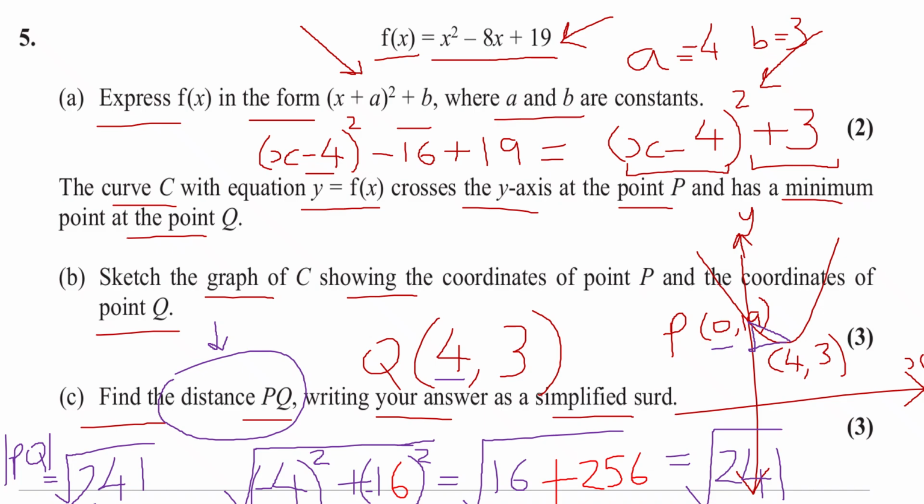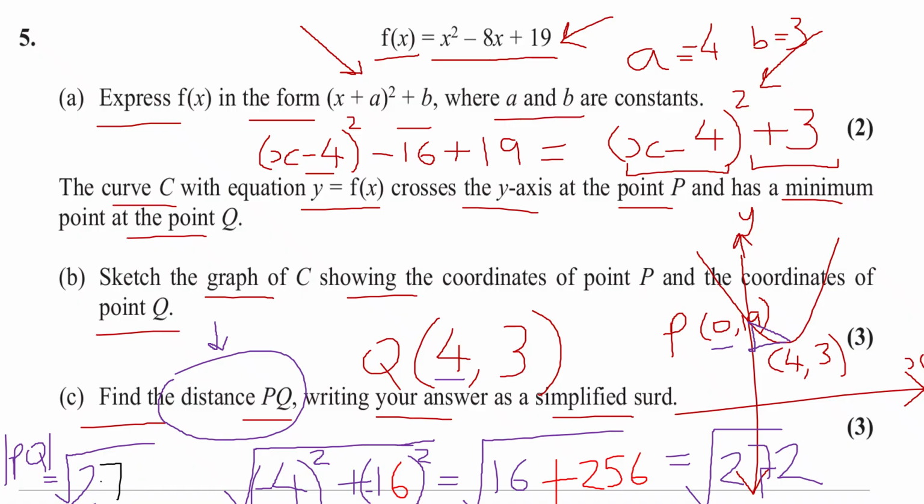Which becomes the square root of 272, if I'm not mistaken. There we go. So I fixed it before pressing enter. So it should be the square root of 272.